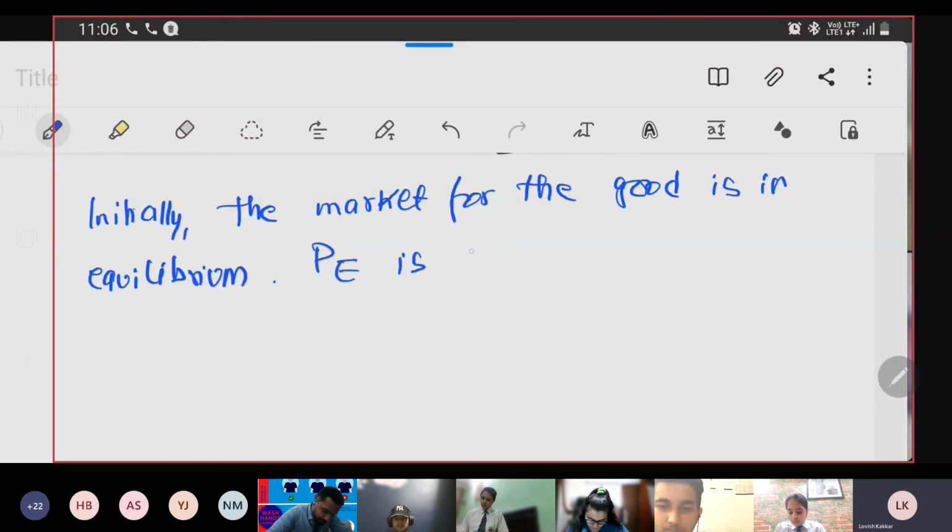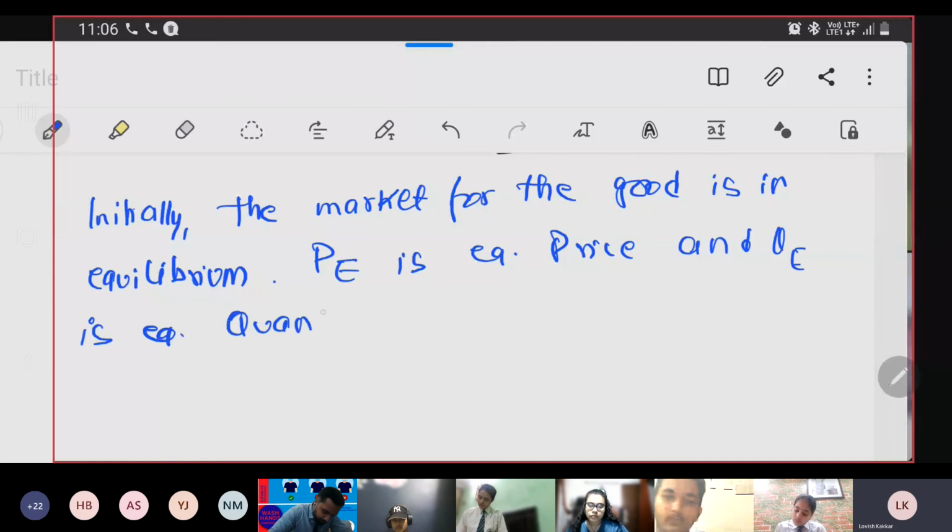PE is equilibrium price and QE is equilibrium quantity. This we know that we have to write in every 6 marker.